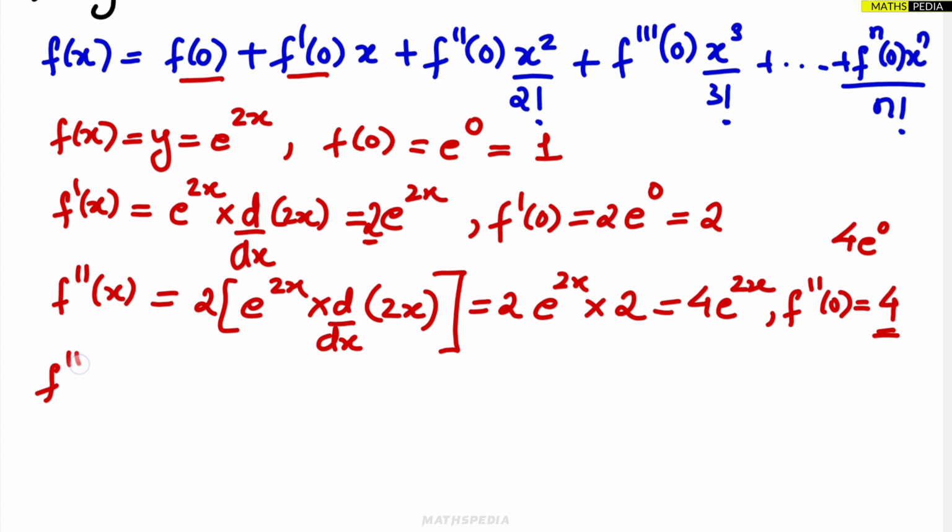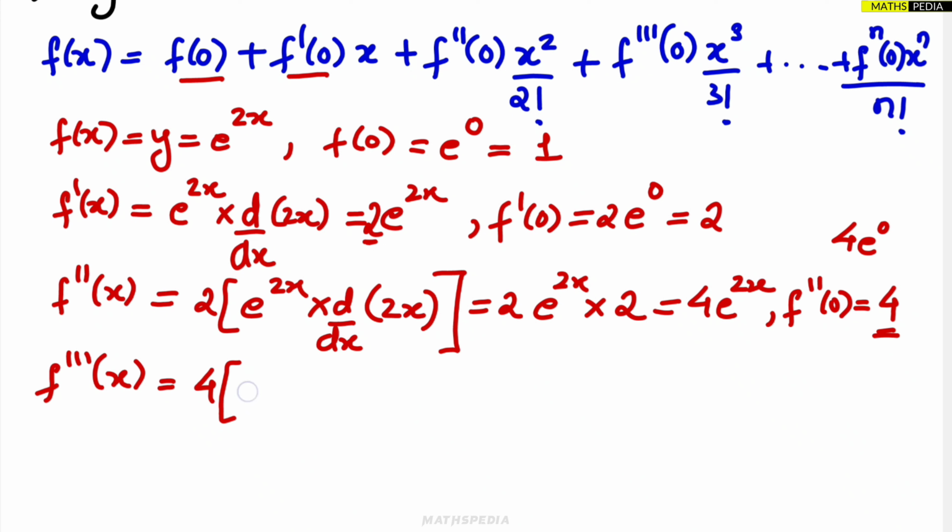Now I'll find the triple dash. Most of the questions will tell you to find till the 4th derivative, 5th derivative, and so on. Otherwise, if you can do till the 4th derivative, you can stop. Which one should I differentiate? I should take this value and differentiate. 4 is a constant, keep it outside.